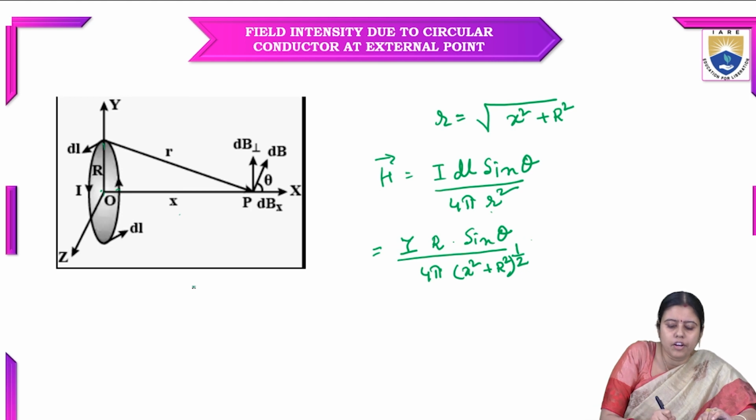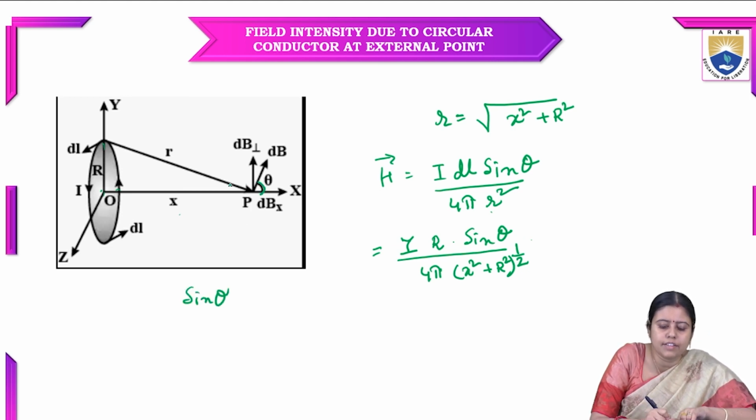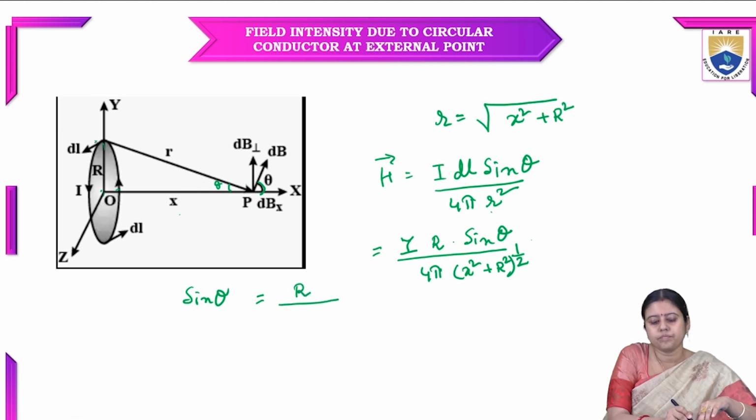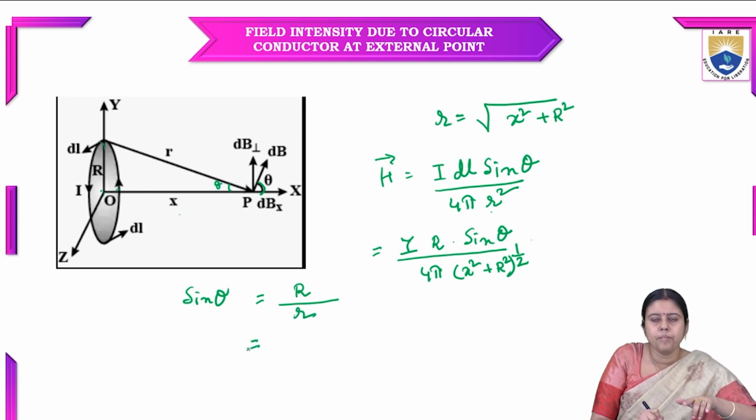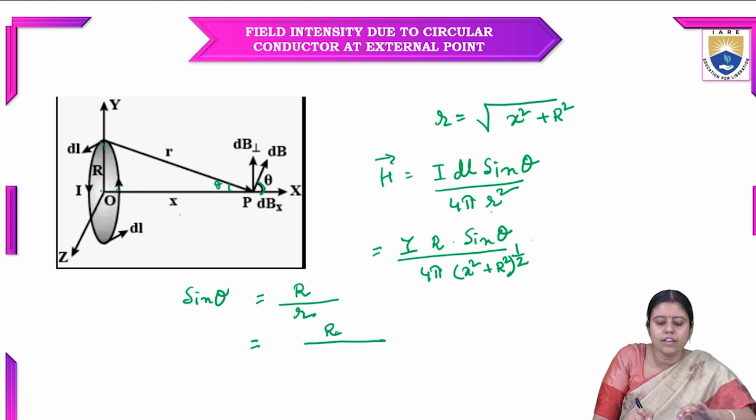Now what is the meaning of sin theta? From this figure you can see if this is theta, this is also theta, and sin theta is equal to capital R by smaller r, and smaller r is equal to x square plus r square.